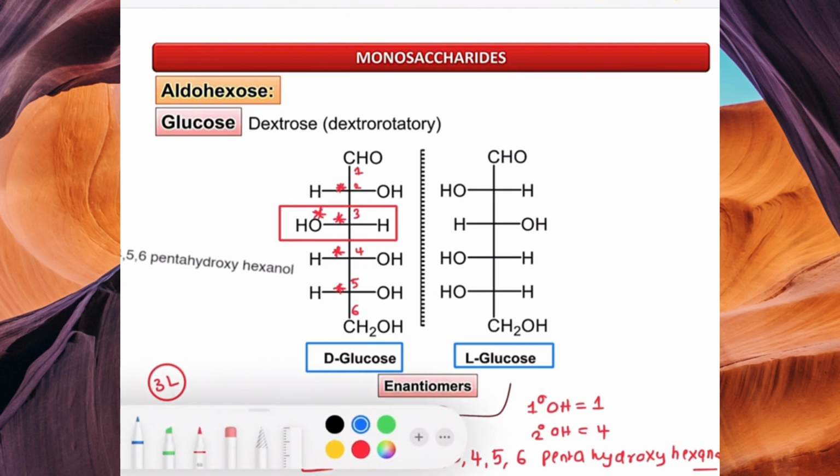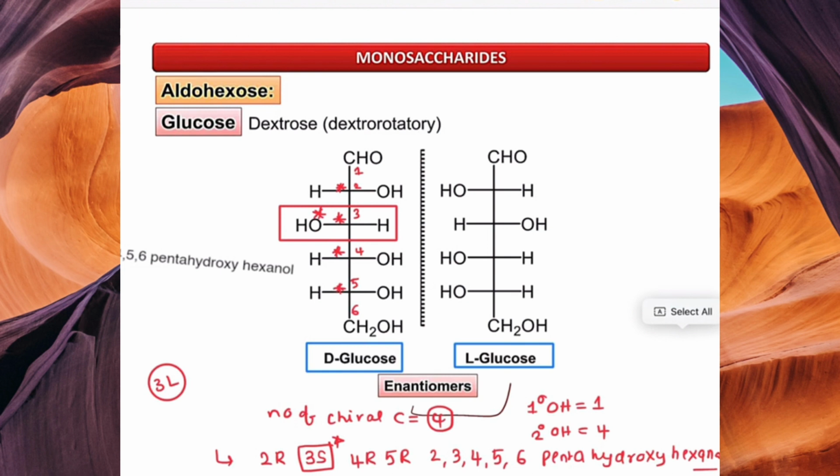L-glucose is also important. L-glucose is 2S, 3R, 4S, 5S, 2,3,4,5,6-pentahydroxyhexanal. The IUPAC name is important. D-glucose and L-glucose differ in their configuration; we call them enantiomers, non-superimposable mirror images.